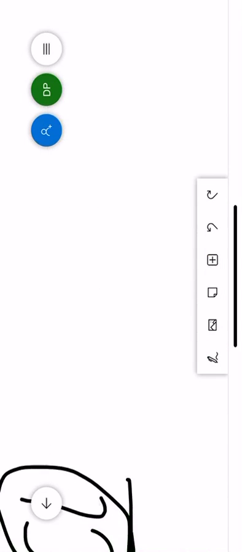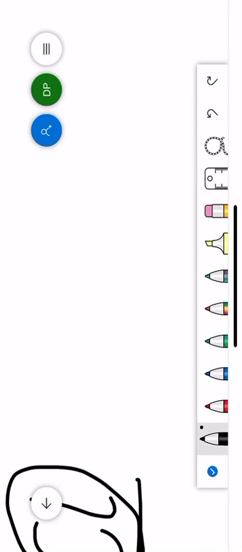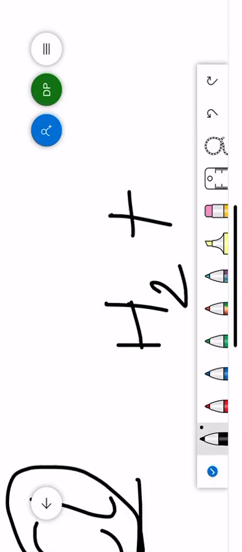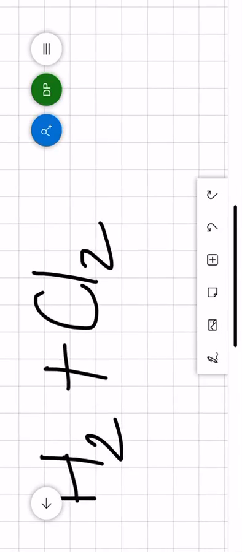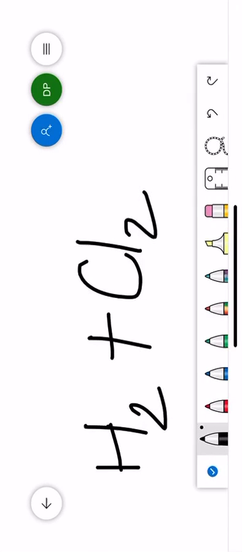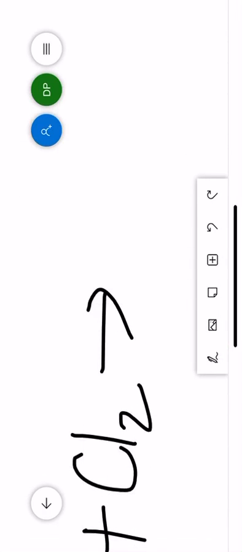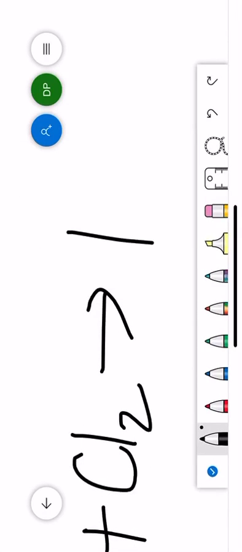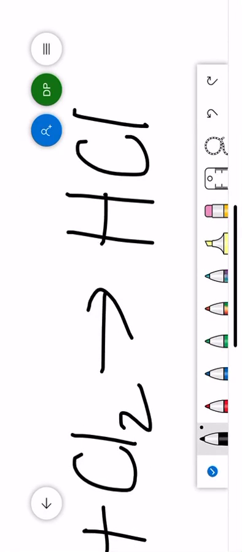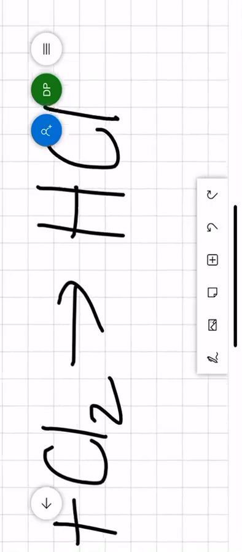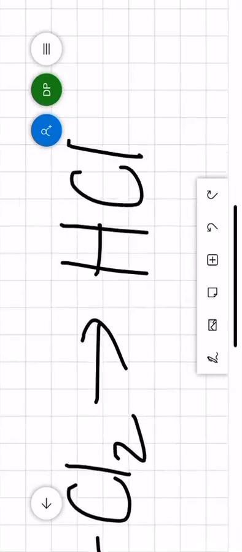So if I want to make hydrogen chloride, I need hydrogen and I need chlorine. So I add hydrogen and chlorine together and ta-da! I get hydrogen chloride. You might say, oh miss, what is this 2 and all that?